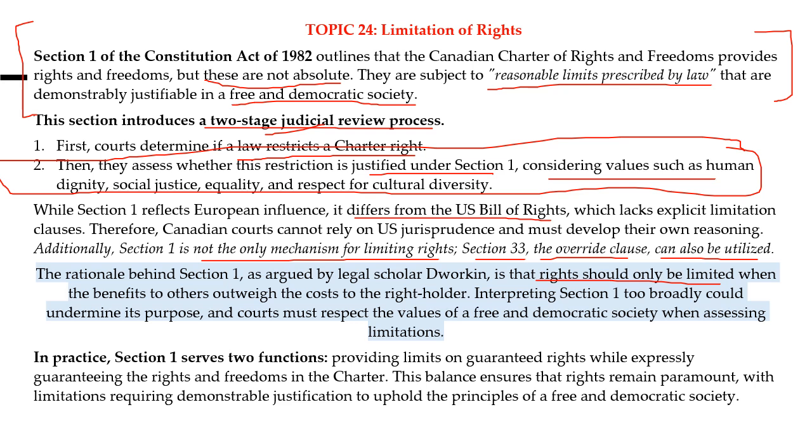But again, here we are not saying that one person's rights do not matter if a thousand persons' rights are also in question. Here we are saying only justified things. If that thing is as per law, reasonable, constitutional, only then section 1 saves government action.